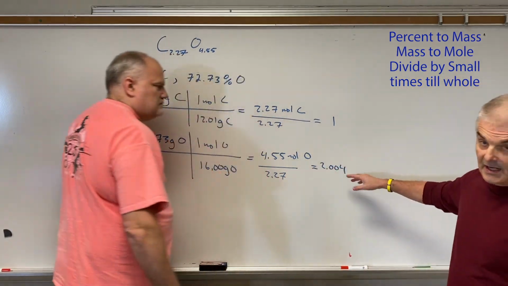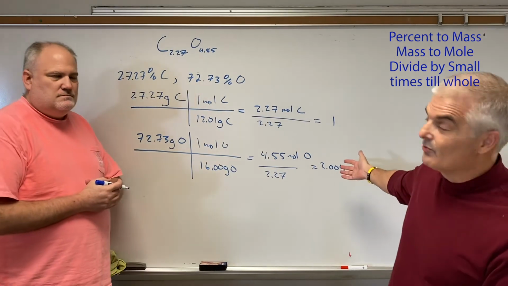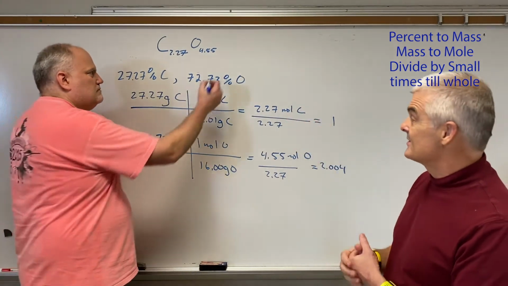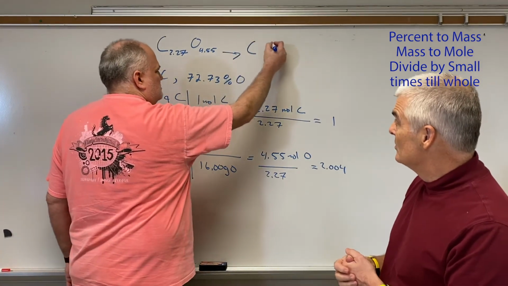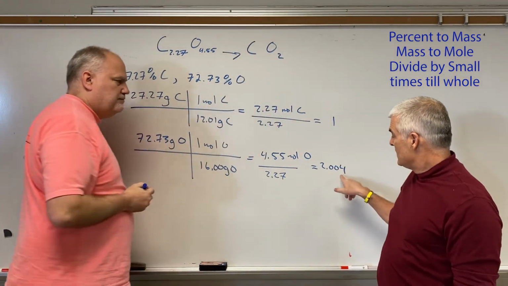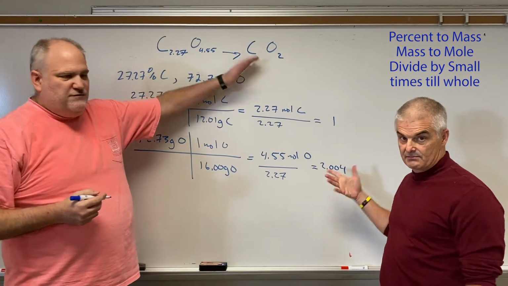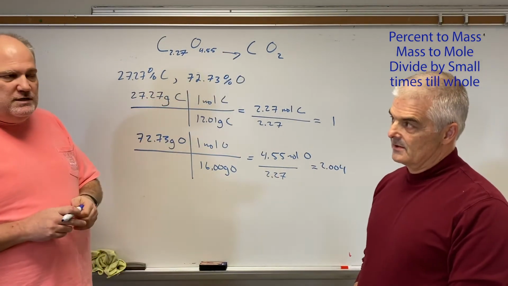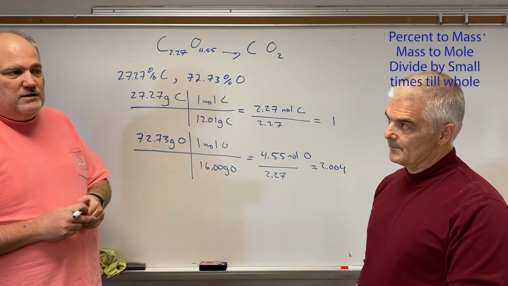That's close enough to 2 for all intents and purposes. So this gets us CO2, 1 carbon and 2 oxygens. Didn't we start off with CO2 to begin with? Yeah. So we can work backwards and forwards and get to empirical formula more than one way.